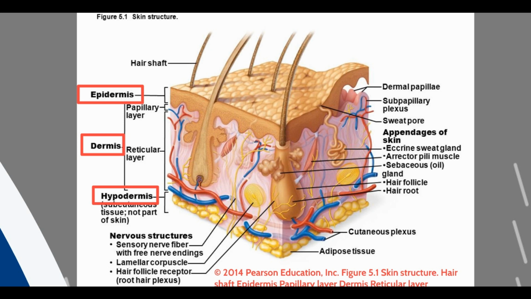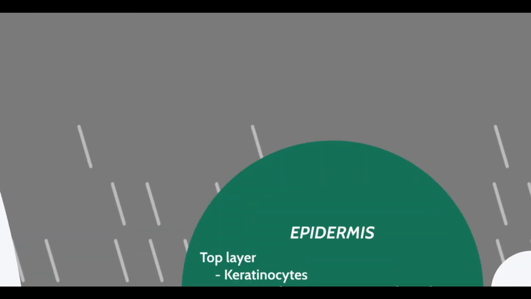You have reticular tissue, a bunch of connective tissue, hair follicles, shafts, nerve endings, and capillaries. In the hypodermis, that's where you start to have larger blood vessels, particularly the cutaneous plexus. So you have larger, not arteries, but arterioles and larger venules in there. And you also have adipose tissue. Cool, so let's move on.